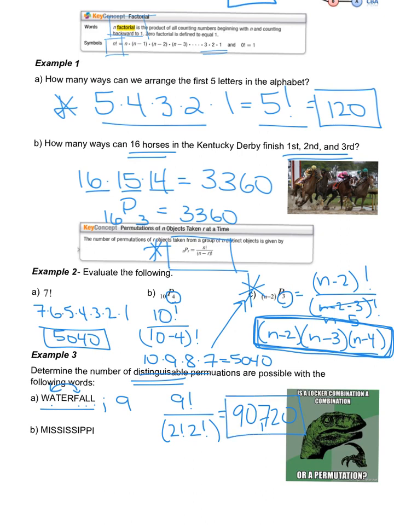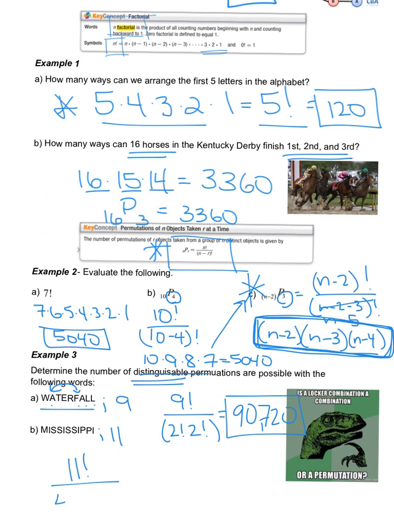In this instance with Mississippi, we have 11 letters total. So if I was just looking at straight up different permutations of those letters, it would be 11 factorial. However, there's 4 S's, there's 4 I's, and there's 2 P's. So when I switch around those letters, it doesn't actually change the word Mississippi. It's going to look the same.